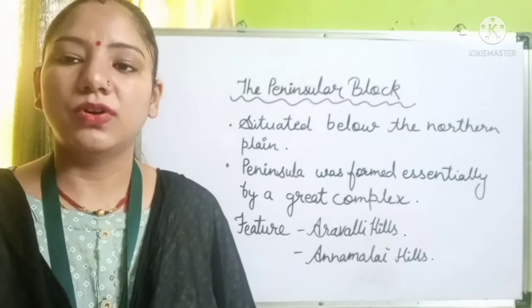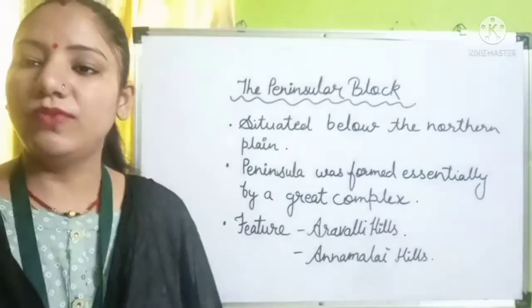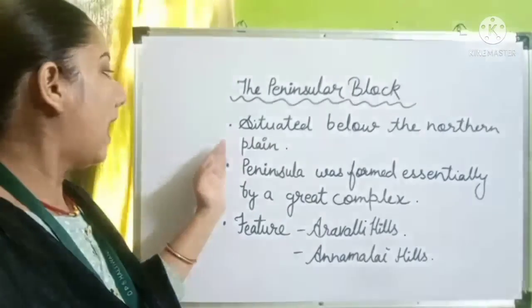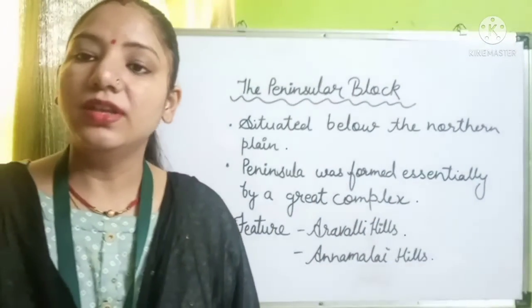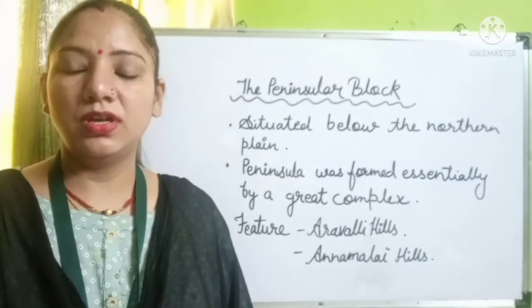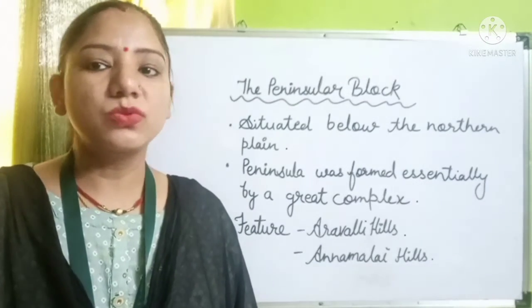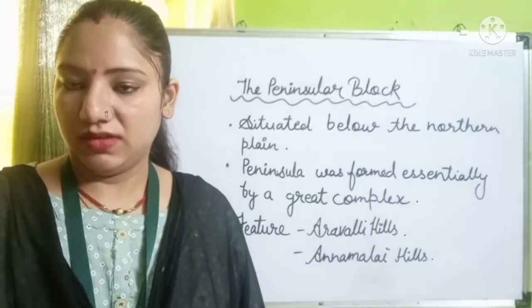That part was known as the Peninsular Block, which is now situated just below the northern plain. It is also separated into three parts, which we will study in detail in the second video.